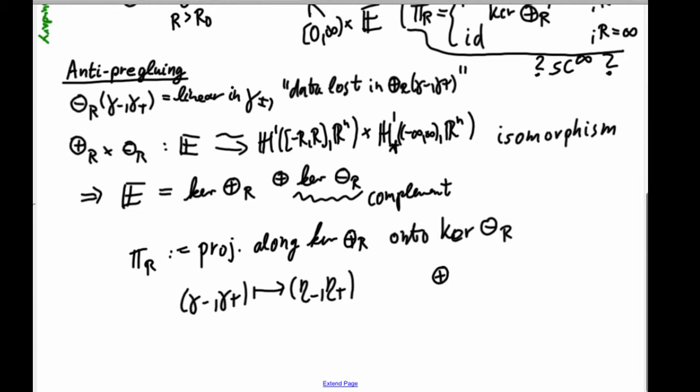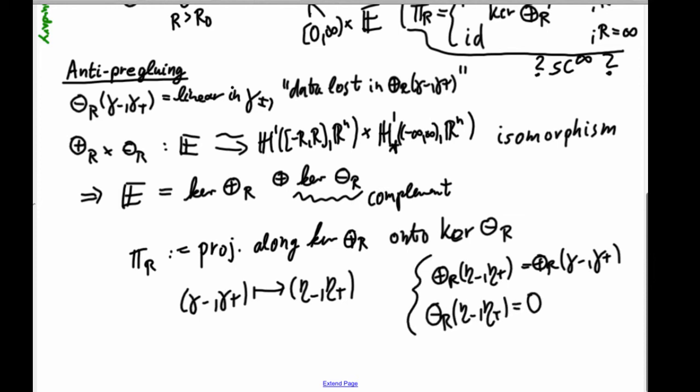I'd like them to have the same pregluing still, but I'd like them to have anti-pregluing 0. And because that's an isomorphism, this is going to have a unique solution.